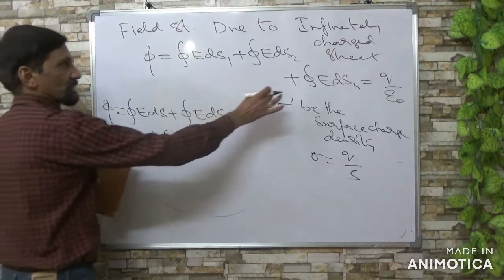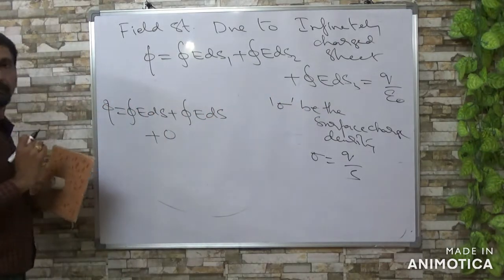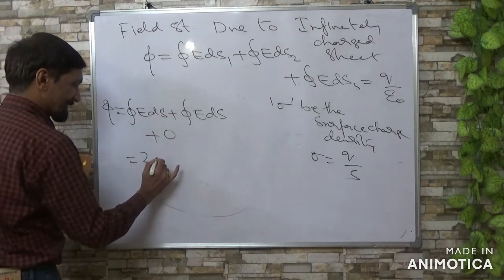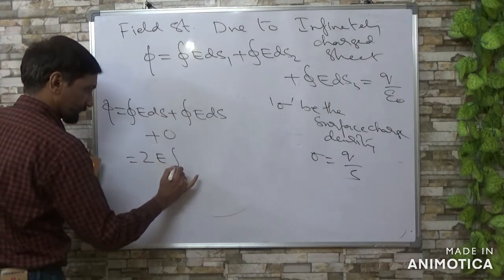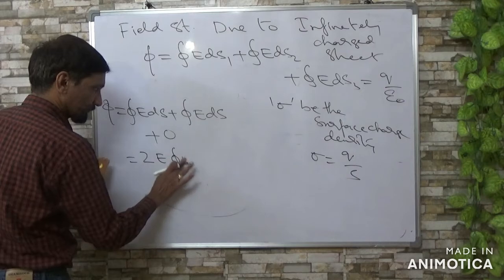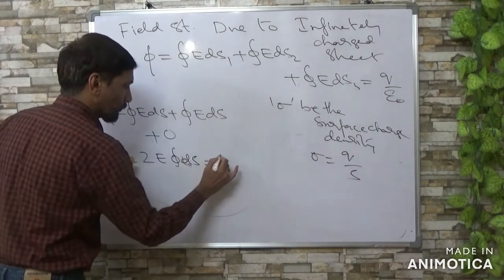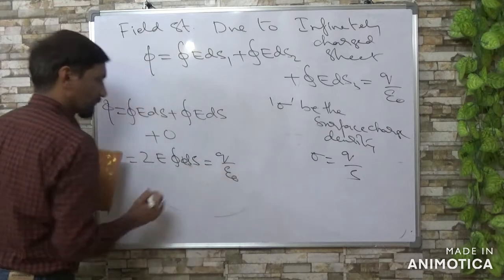So this is 0. So 2ES is equal to Q by epsilon naught.